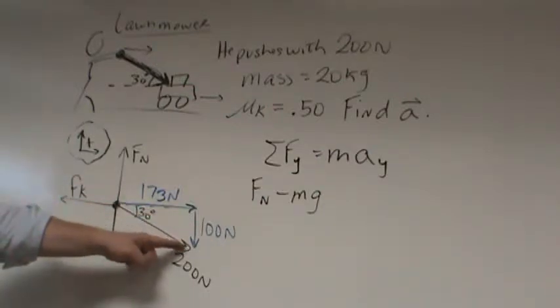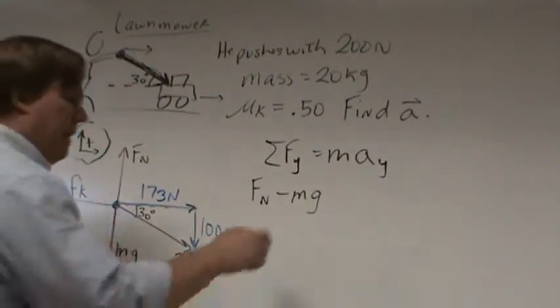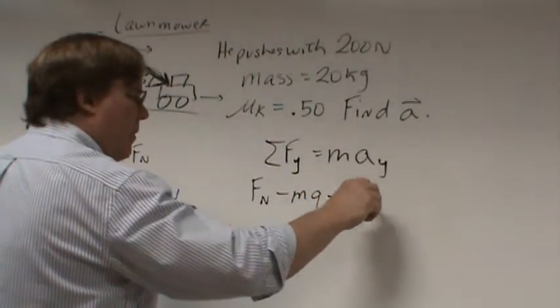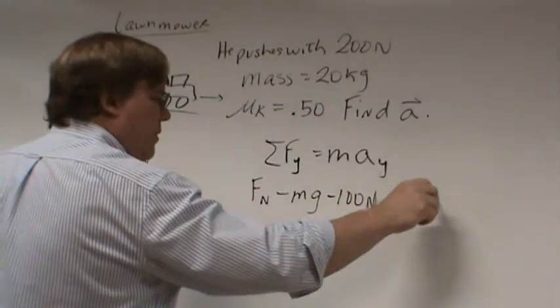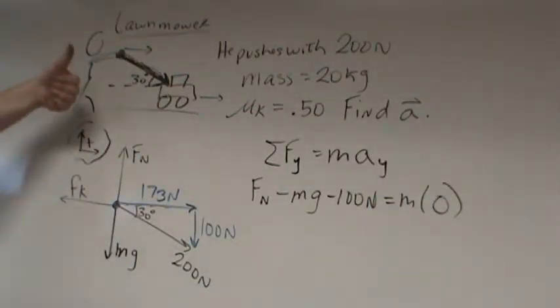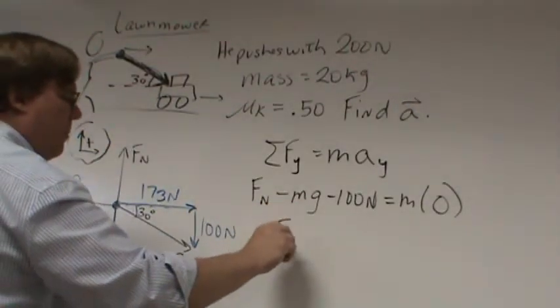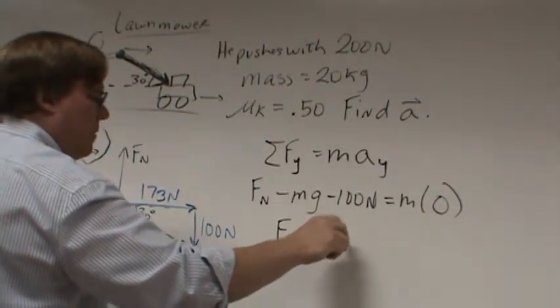Negative, because it's pointing downward. You see why it's so important to put arrowheads on your components. I know it's pointing downward, so it gets to be negative. And then my acceleration in the y direction, hopefully you get that it's 0 because my lawnmower is not going up to the heavens and my lawnmower is not burrowing down in the center of the earth. So it's a 20 kilogram lawnmower, so just trust me when I say my normal force is 296.